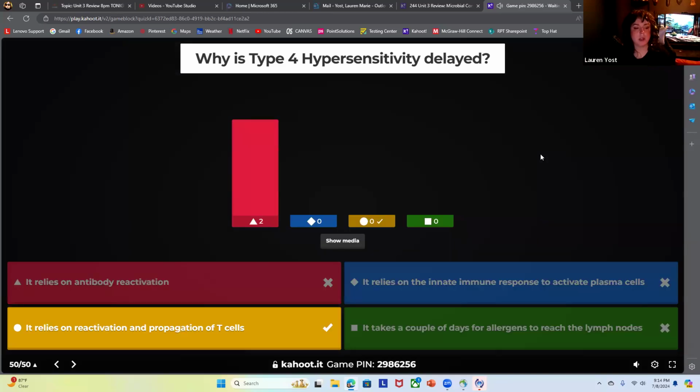So this is going to be relying on activation and propagation of T cells. Type 4 hypersensitivity is cell mediated. Like I said, that's going to be your T cells. Your T cells are the ones that do the actual work. You have two choices here, T or B cells. Do B cells actually do the work in the fighting? No, they spit out antibody. Antibody does the work. T cells are actually engaging during the fight. So they are our cell-mediated immunity.